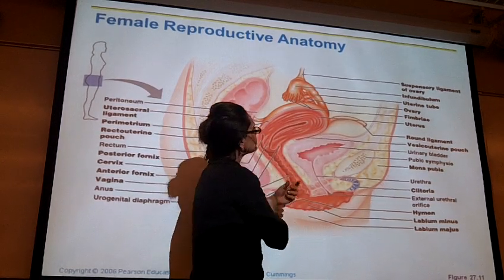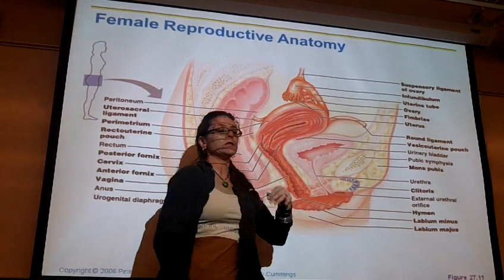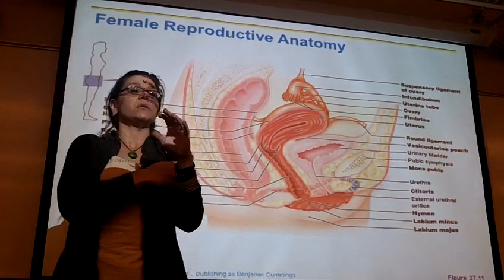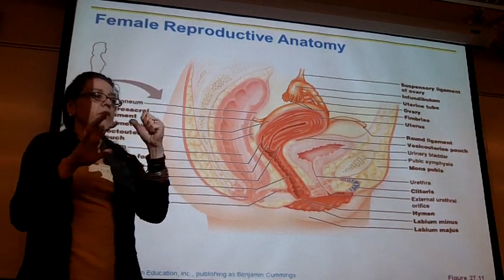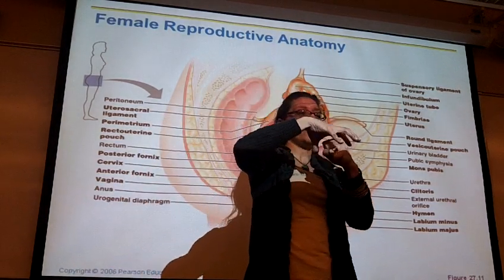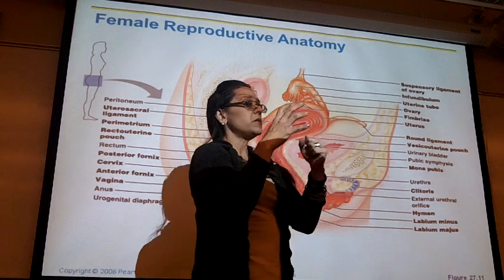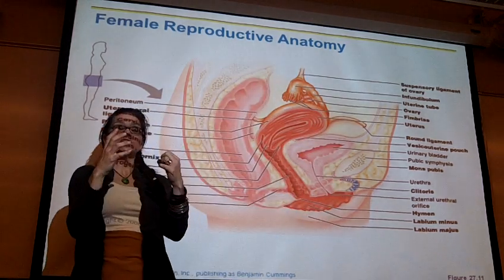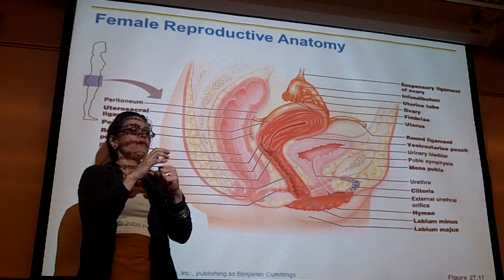Now, on a lot of figures and on the models, it looks like there's a direct connection between the uterine tube and the ovary, but there's not. The ovaries sit like this, the fimbriae of the uterine tube drape around it, but they're not actually touching. And so that's going to be real important when ovulation occurs and an egg erupts out of that ovary.